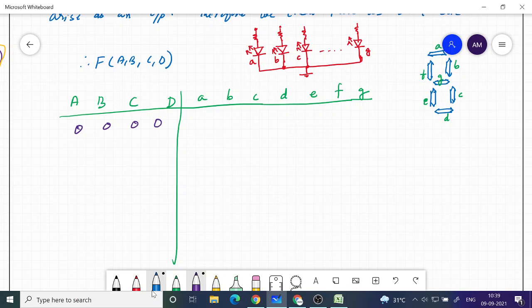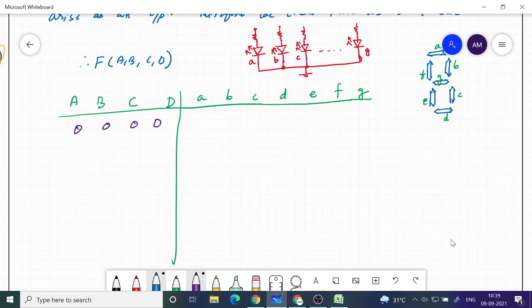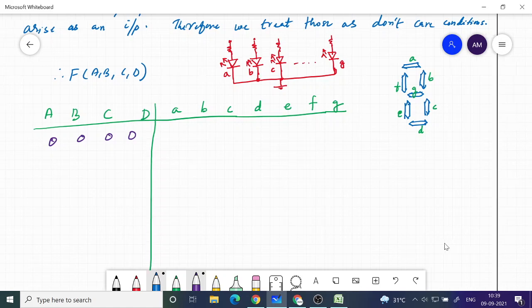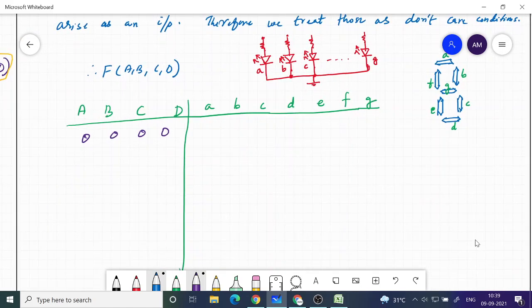So when it is 0, what we need is basically to lit up all these LEDs. Okay, the last LED, that is G, should not be lit up. So G should be 0.